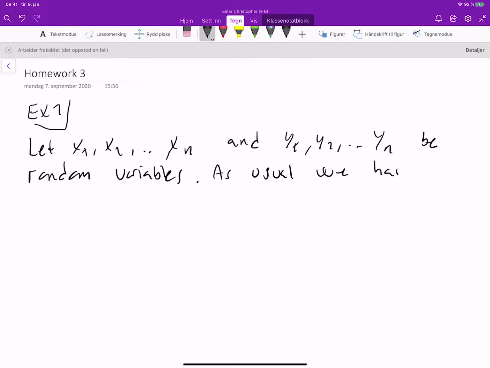We have xn bar, the mean of the x's, equal 1 divided by n, the sum over i equal 1 to n xi, and y bar m equal 1 divided by m, the sum i equal 1 to m yi.